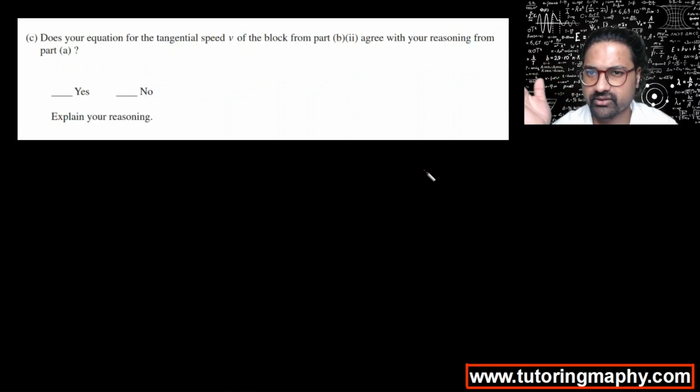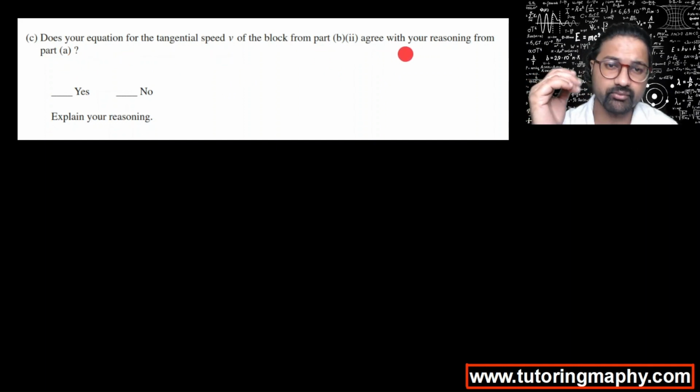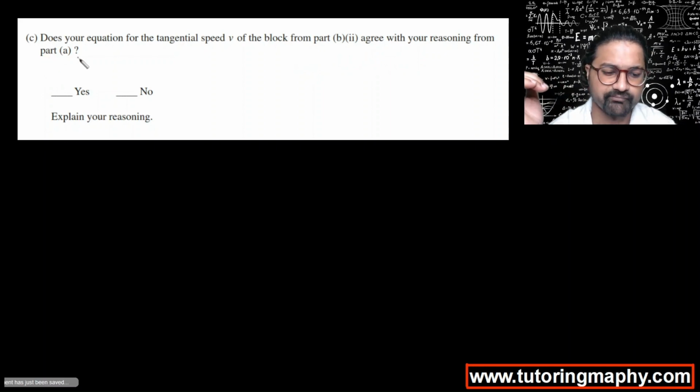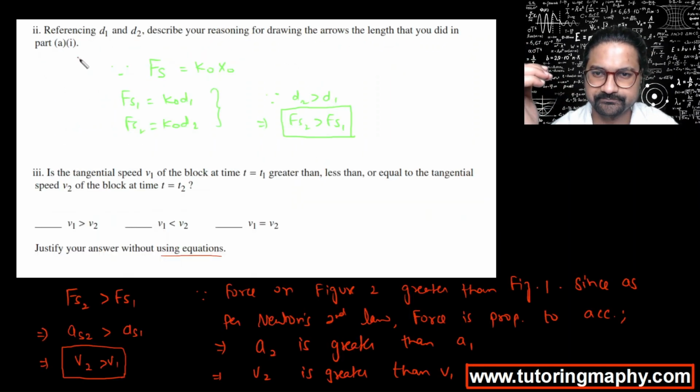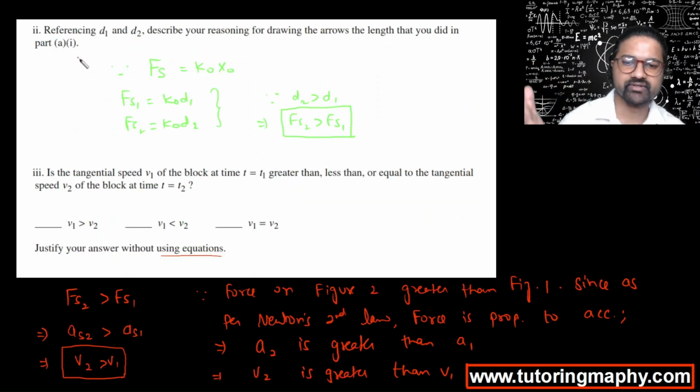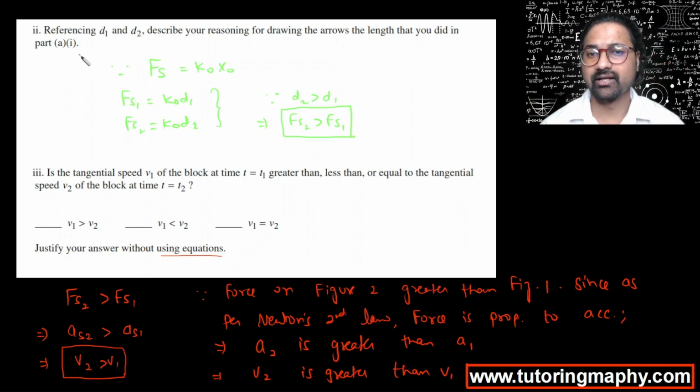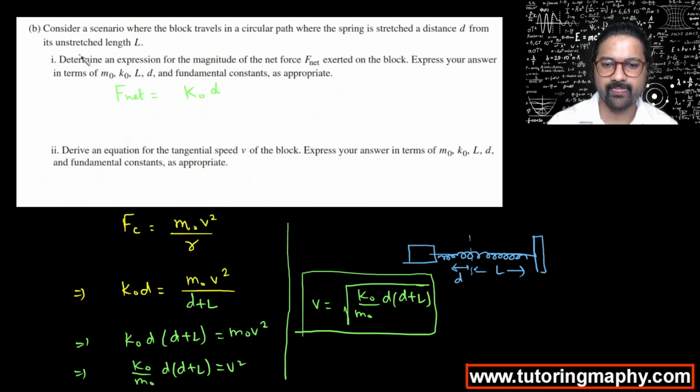And the last question, I think, is, yes, this is the last question. Does your equation for the tangential speed of the block from part B agree with your reasoning from part A? What was our reasoning in part A? We were saying that since the force is more, acceleration is more, so the velocity is more. And let's see if the math agrees with us.